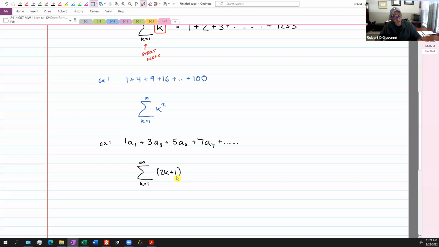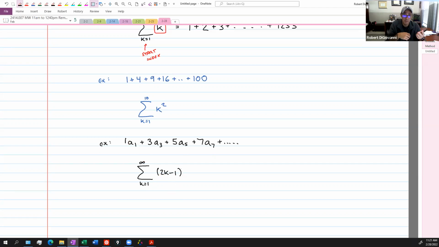Now, this is not going to work yet. Look, because if I let k be 1, what do I get? K is 1, I get 3, don't I? Yeah. I don't want to start at 3, I want to start at 1. So what I can do is adjust my formula and make it 2k minus 1. Now, if I plug in 1, I'm going to get 2, then take away 1, and that's going to give me 1.